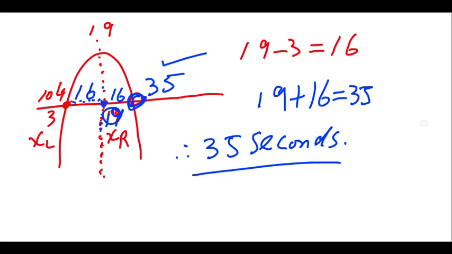We can use the axis of symmetry and this concept to find the second x value, because here y is equal to 104. At 35, 104, at 3, 104. So this is going to be the second time, which means at x equal to 35. That will be my answer: 35 seconds.